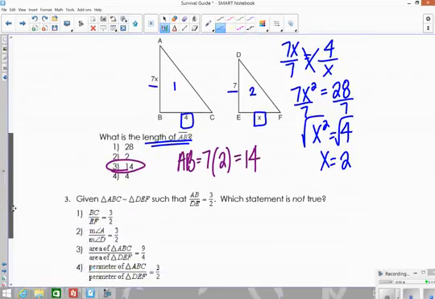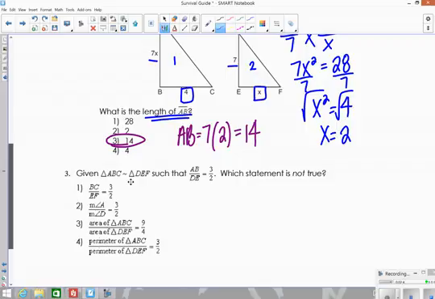The next question is just a property question. Whenever we have similar triangles, we know that the sides are proportional and the angles are equal. This is telling us the ratio of the sides, so the ratio of the sides will always be the same for any other side. In this case, BC and EF are another set of sides, so those are going to be in the same ratio.